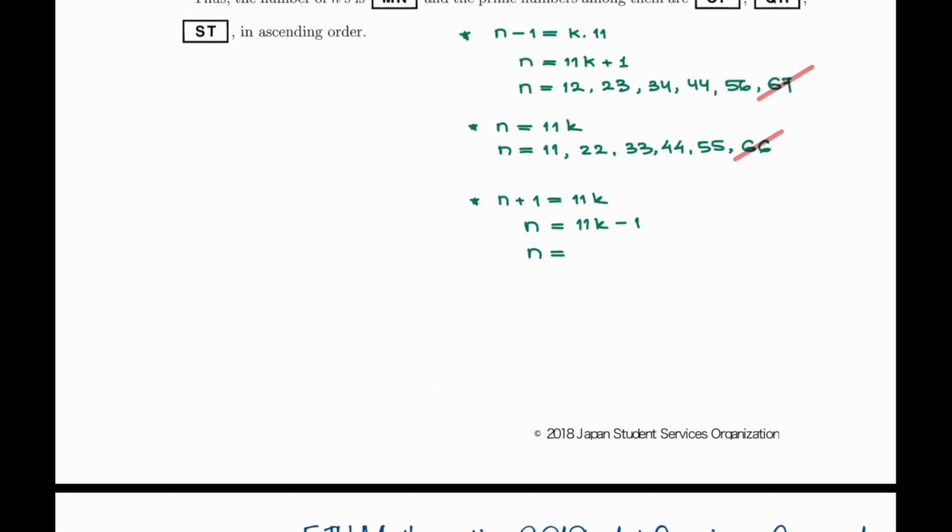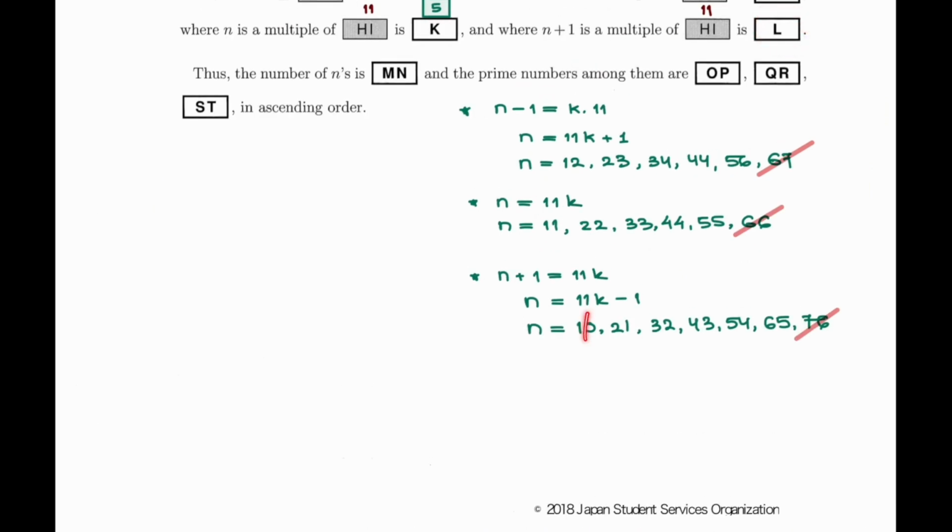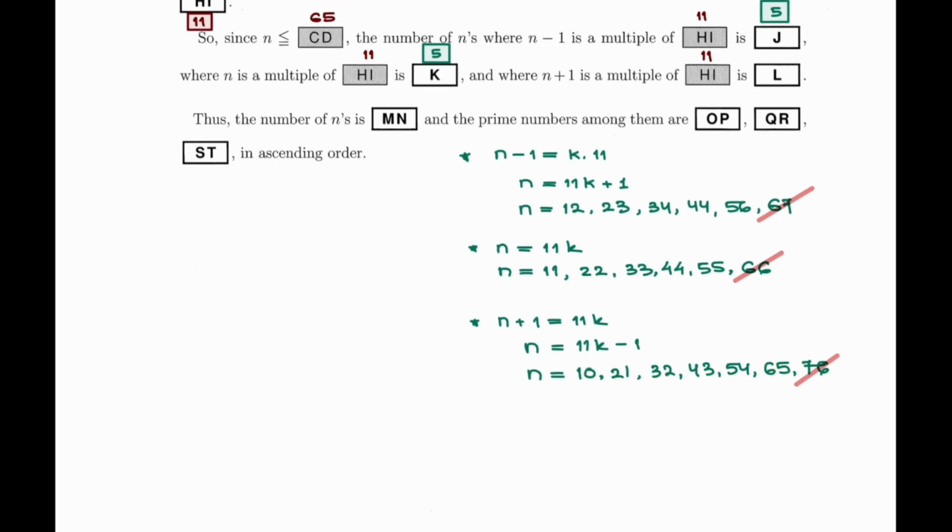By substituting k using whole numbers, I get 10, and then 21, 32, 43, 54, 65, and then 76, and of course this exceeds the range of n. So for L here, I have 1, 2, 3, 4, 5, 6. There are 6 numbers of n.